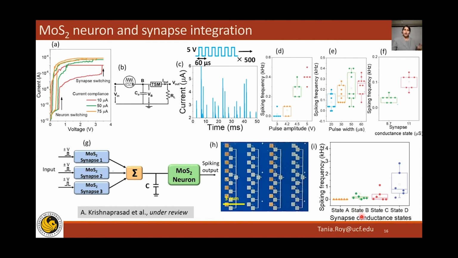In state C, we have two in low resistance and one in high resistance. And in state D, we have all three in low resistance. When we do that, we can see the spiking frequency increasing because the overall resistance of the circuit is decreasing. So this is how we are able to monolithically integrate the synapses and the neurons.